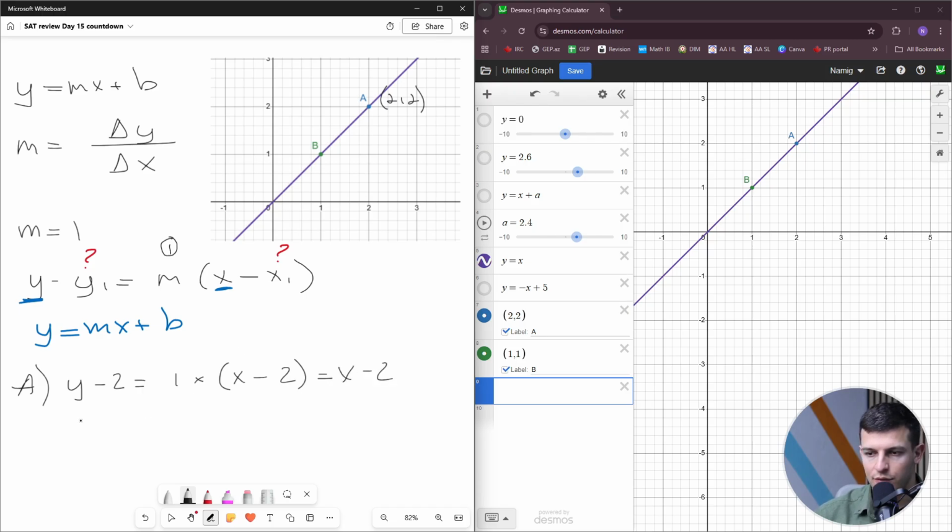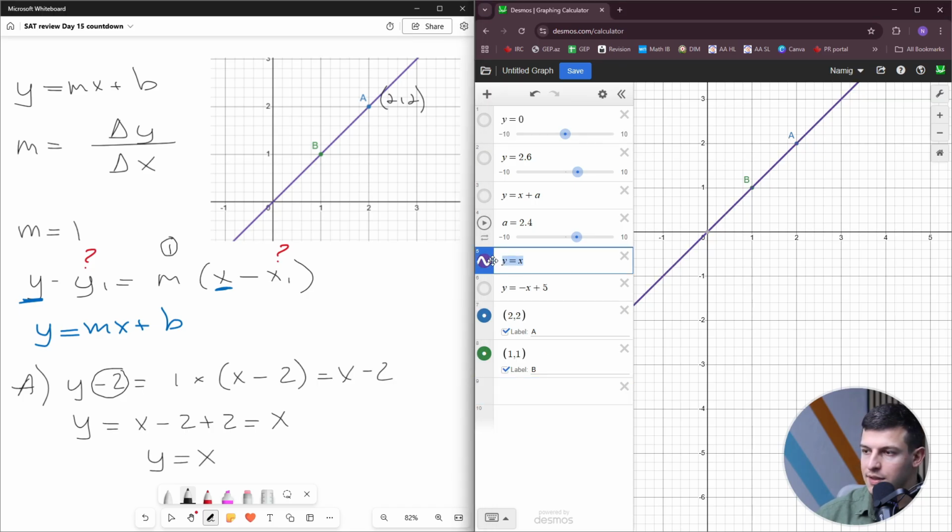Now let's keep y on one side and move the numbers to the other side with x. So y is equal to x minus 2 plus 2. This plus 2 comes from here. And that's going to be equal to x. So what we just found out is that the equation we're dealing with here is y equal to x. Now, is that right? Yes, it is, because we just drew it here.